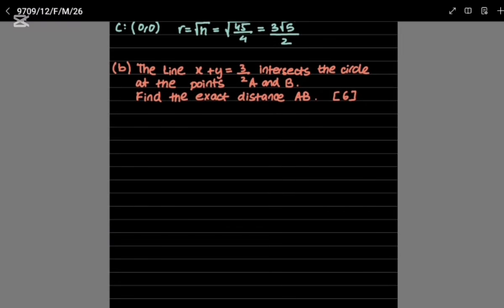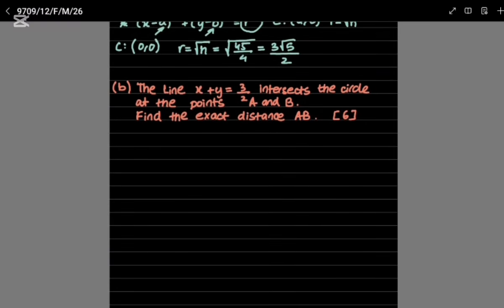Now part B, the line x plus y is equal to 3 over 2 intersects the circle at the points A and B. Find the exact distance AB. Okay, that's simple. First, we find y or x, but I'm doing y. So y is equal to 3 over 2 minus x.